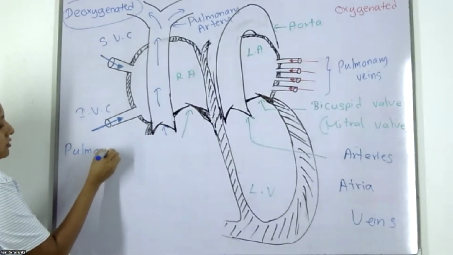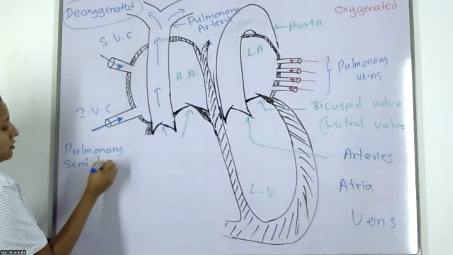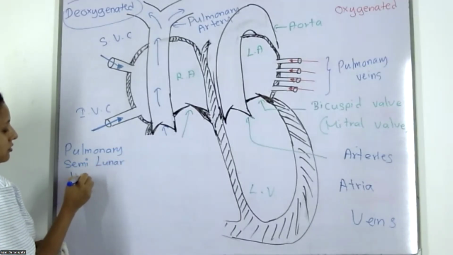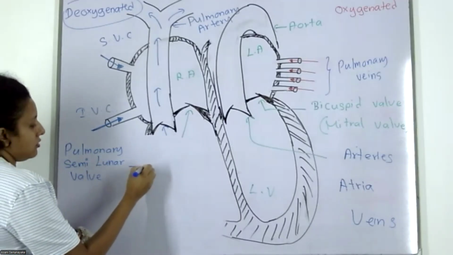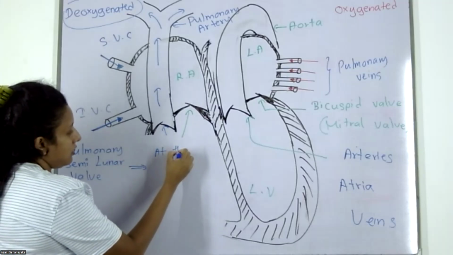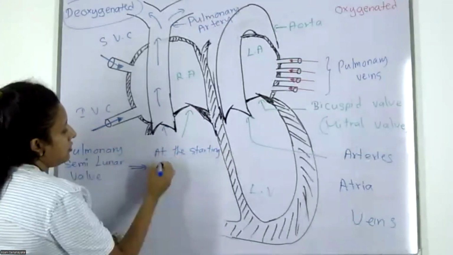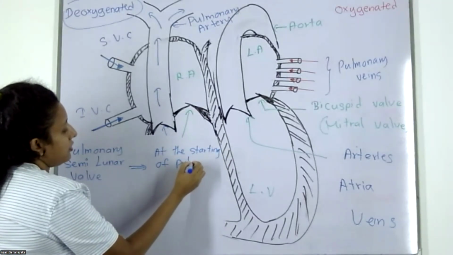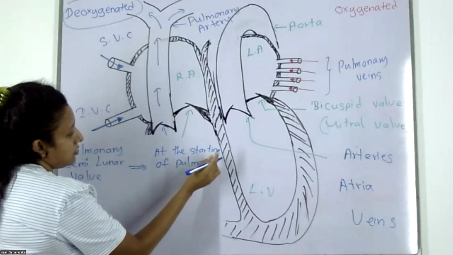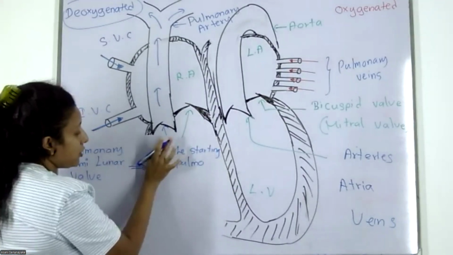Pulmonary semilunar valve at the starting point of the pulmonary artery.